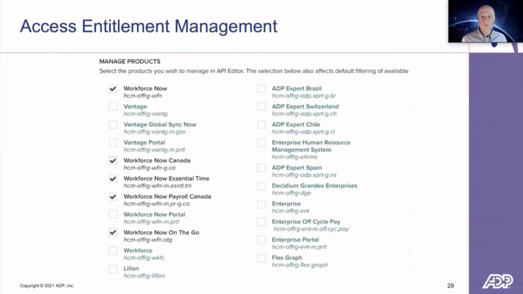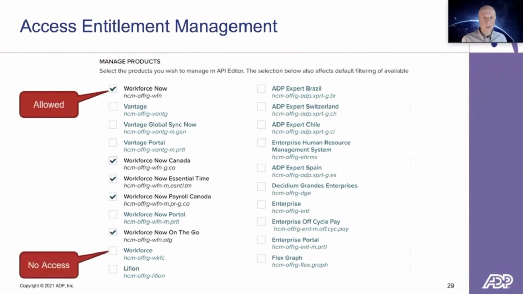To conclude the overview, here are a couple of access management screens. This one shows the product access entitlement assigned to a given user or a group by an API registry administrator that would limit the access to certain products only. So it shows the products that are allowed and also the products that the user or a group will have no access to.